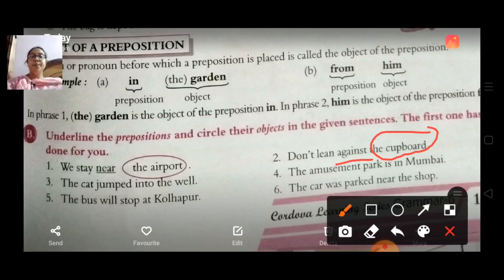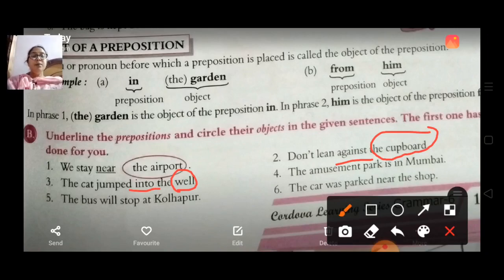Now in third number, the cat jumped into the well. Where did the cat jump? Into the well. So well over here is an object, and into is a preposition.